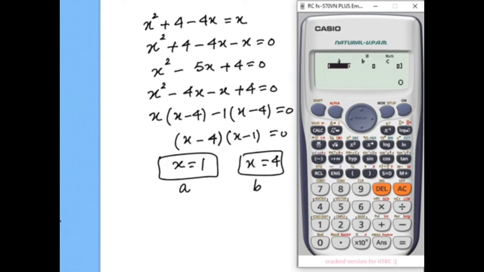So I will put these coefficients a, b, and c. So a is 1, b is minus 5, and c is 4. So that would be 1, minus 5, and 4. So my first value is 4, second value is 1, and you can see that. Okay, so this is another way to find the factors of the quadratic equation by using the calculator.